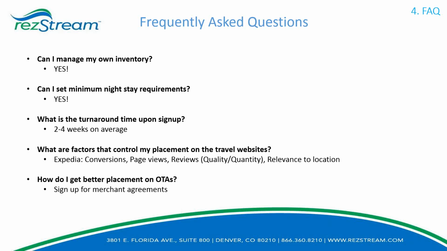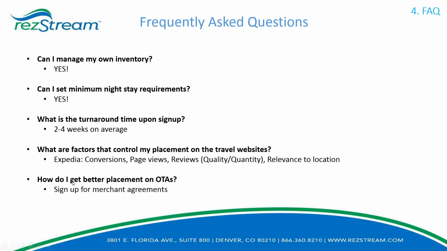If Expedia and these other travel websites make money based on you actually getting a booking, if you're a 12-room property and you get 30 GDS bookings a month compared to a 50-room property that gets 3 GDS bookings a month, it doesn't matter what agreement, merchant or GDS, they're on with that travel website. The travel website wants more money, so they're going to bump you up, right? So just because you go the GDS route does not mean that you're going to be buried on page 10 in your local area, okay?